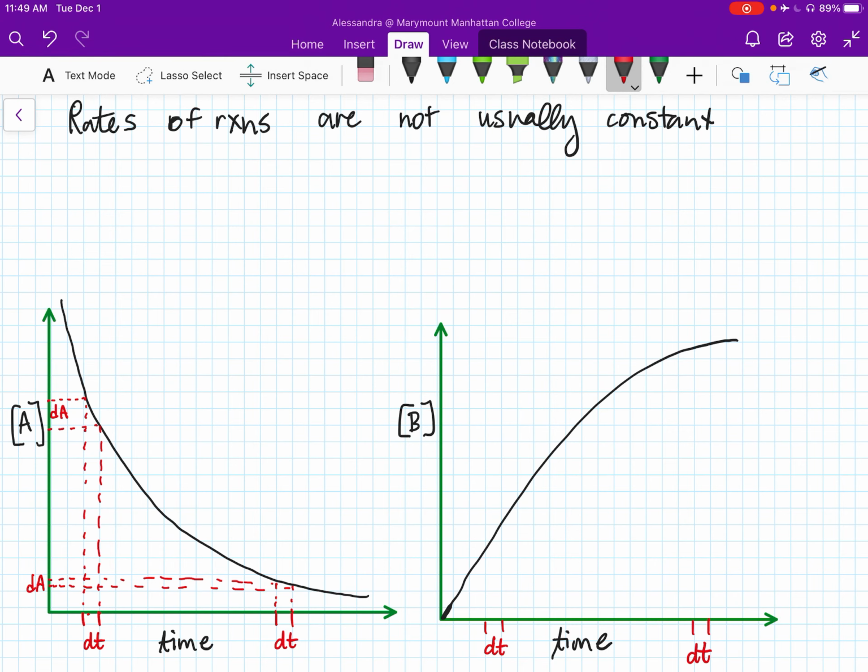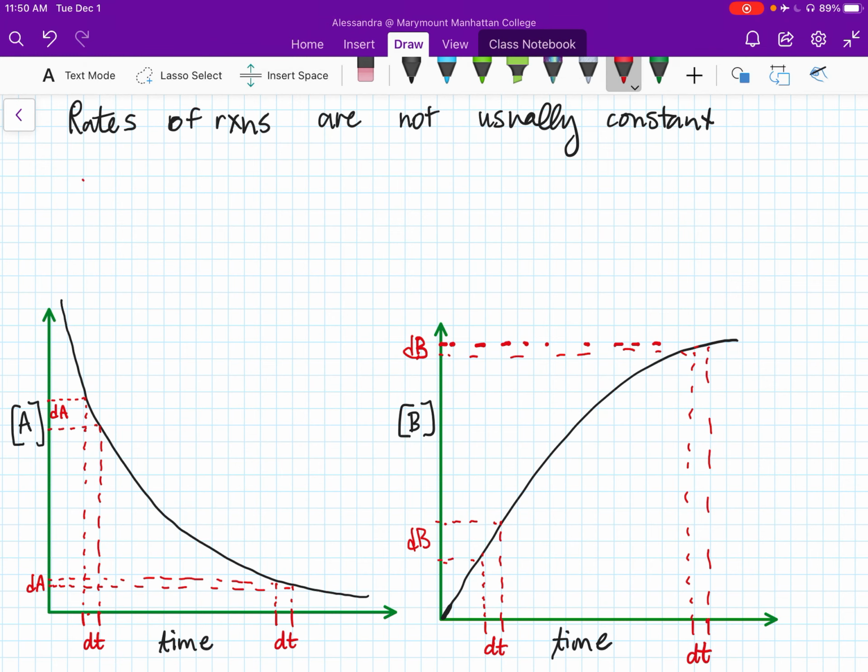Same goes for delta B. Here at the beginning of the reaction, the delta B is much greater than it is here at the end of the reaction. Of course, I'm freehanding this, so this is not a perfect illustration, but you can see that this dB up here is much smaller than this dB down here.